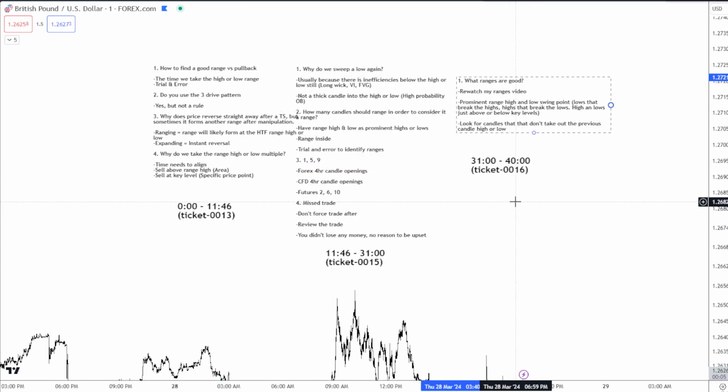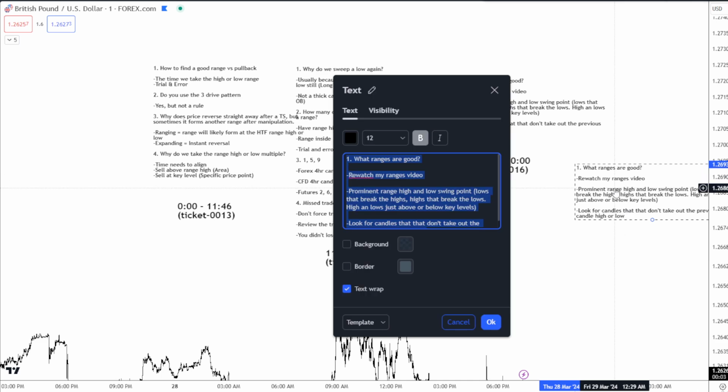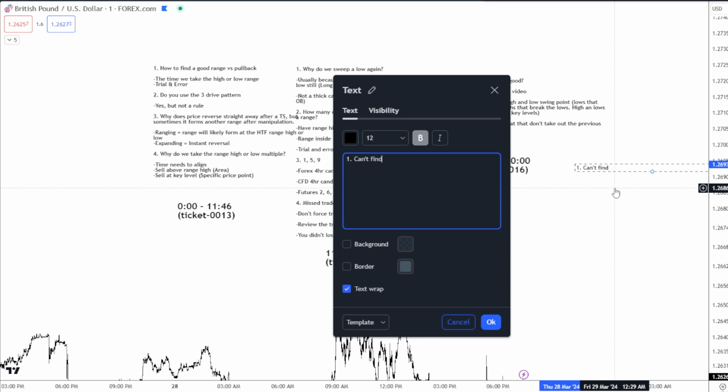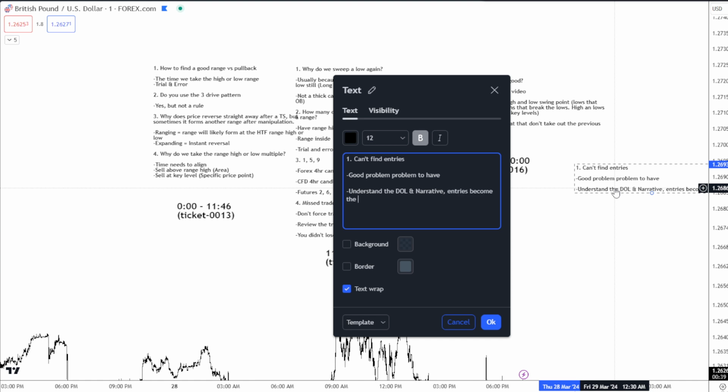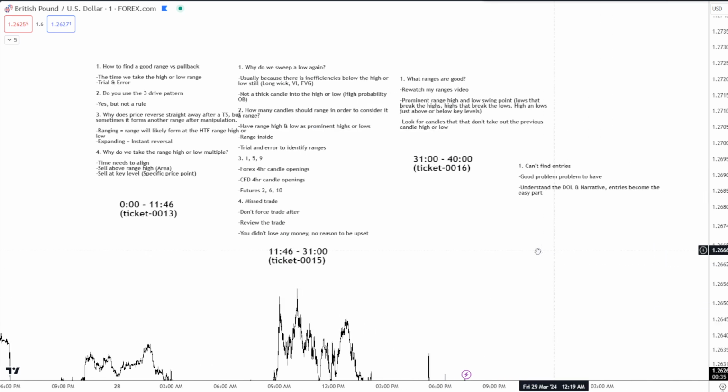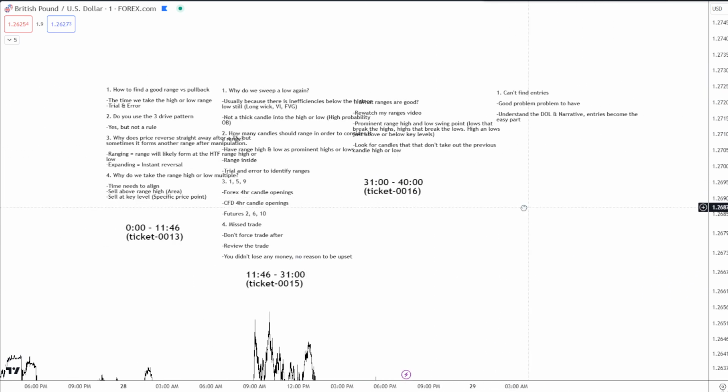So, can't find entries, it's a good problem to have. Understand the draw on liquidity and narrative. Entries become the easy part, right? That's pretty simple as well.